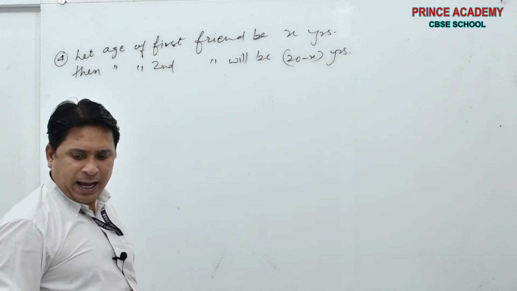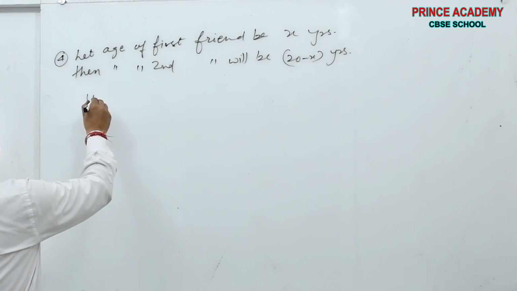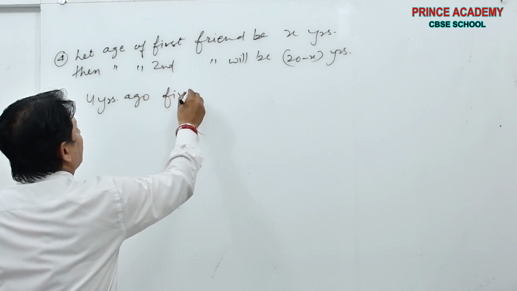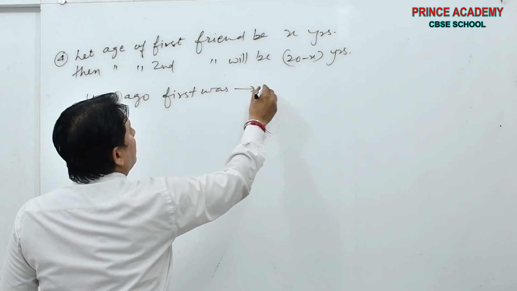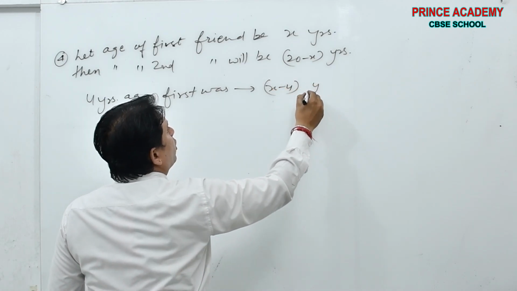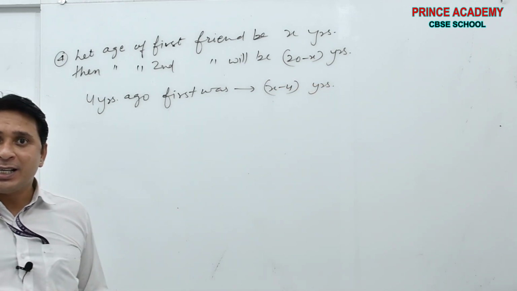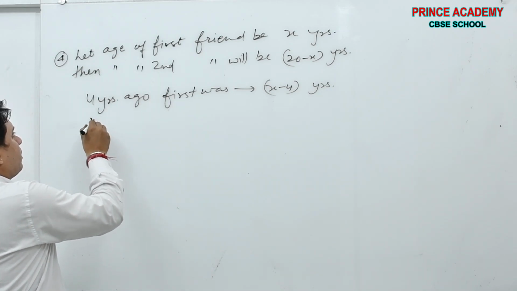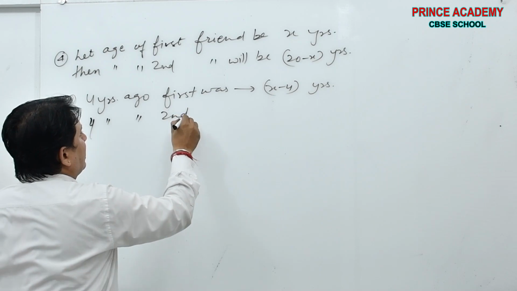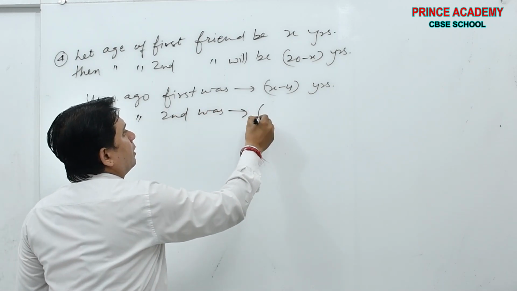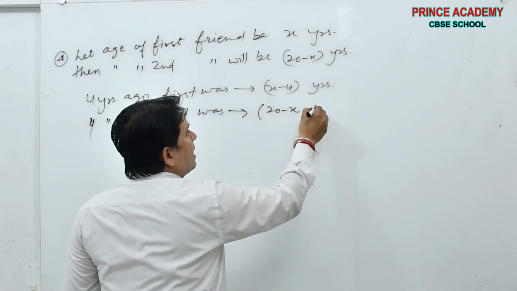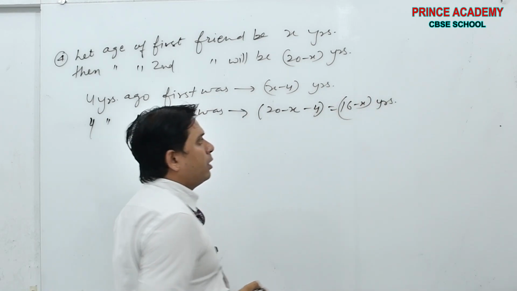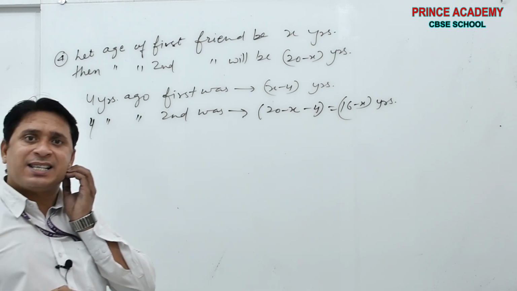Okay beta, done. 4 years ago the first was x minus 4 years old, yes or no? 4 years ago means minus 4. 4 years ago the second was, his present is 20 minus x, minus 4, that is 16 minus x years old.